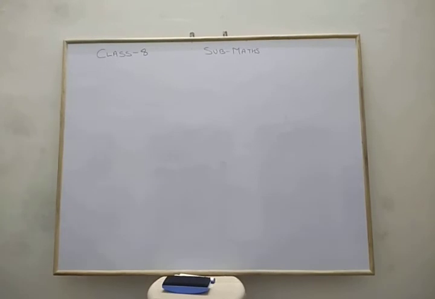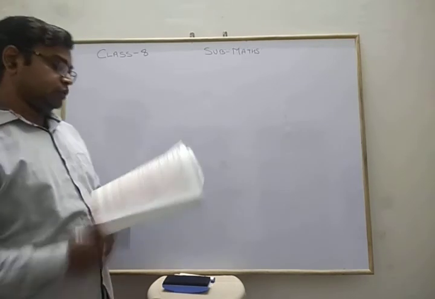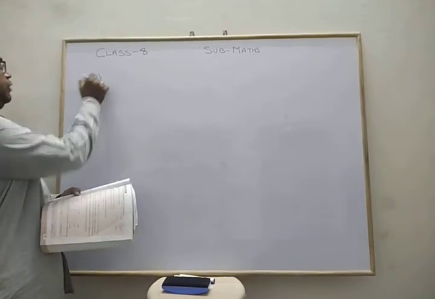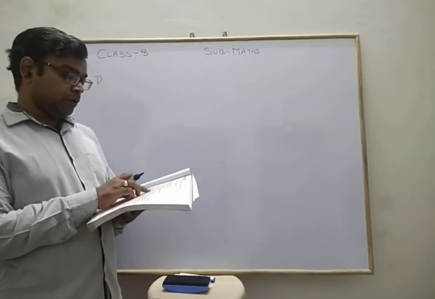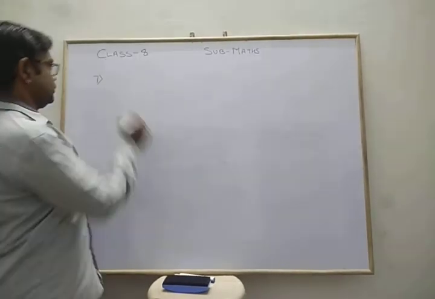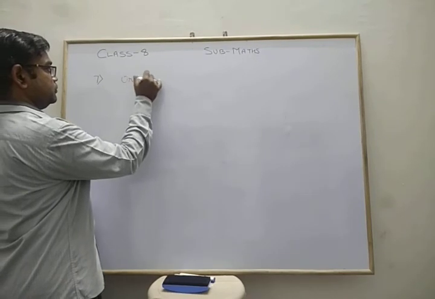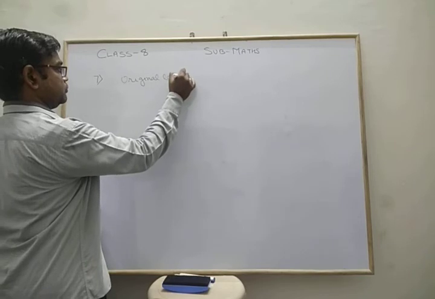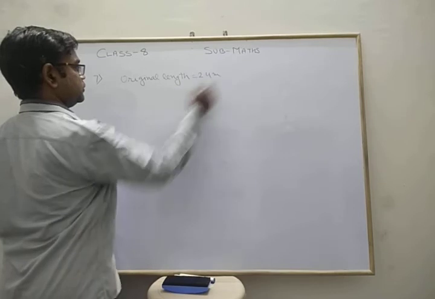Now we move towards word problems. The very first, question number 7 and 8, are almost similar, only one place is different. A metal rod is 2.4 meter long. After heating, its length increases by 2%. Original length equals 2.4 meter.